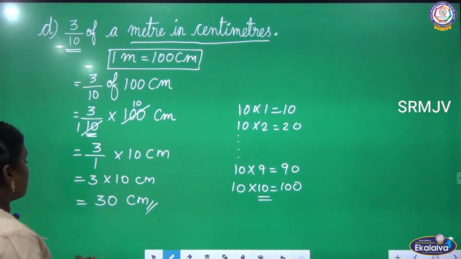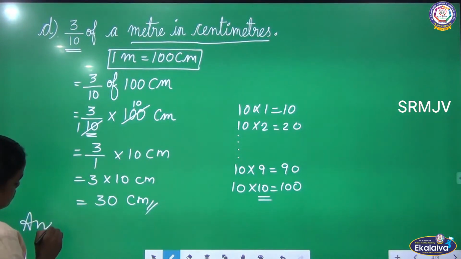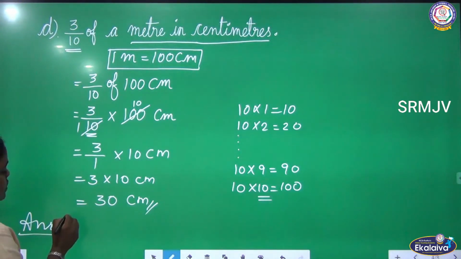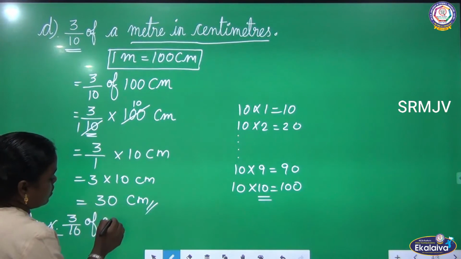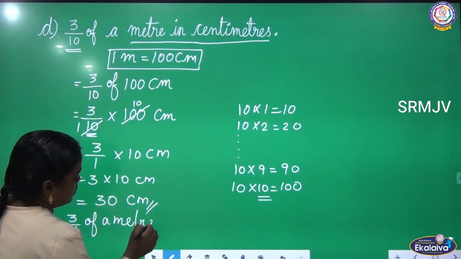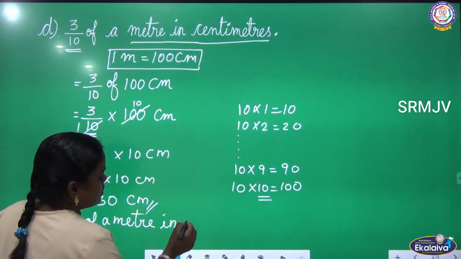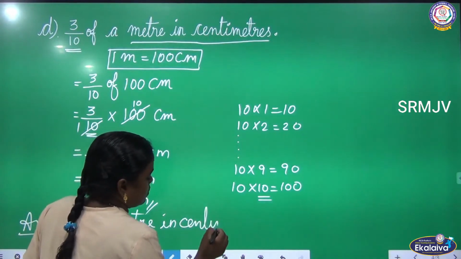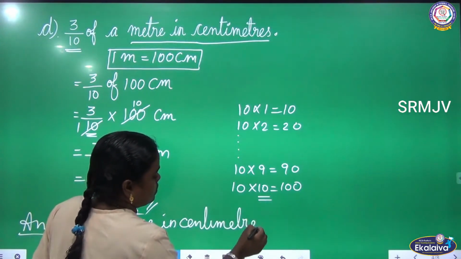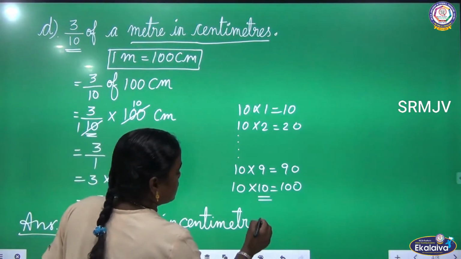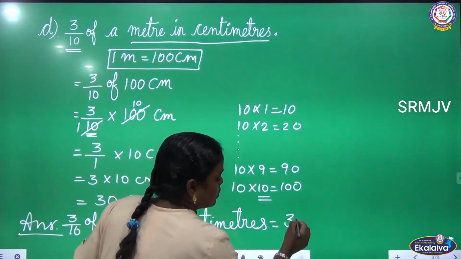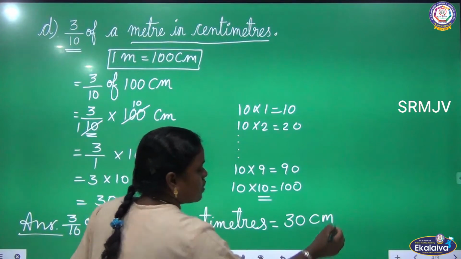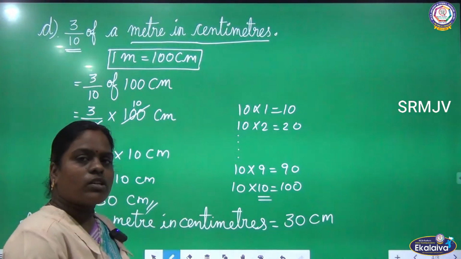Now let us write 3 by 10 of a meter in centimeters equals, answer is 30 centimeters. Let us move to the next question, children.